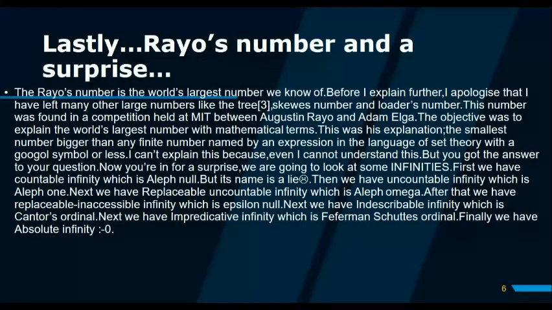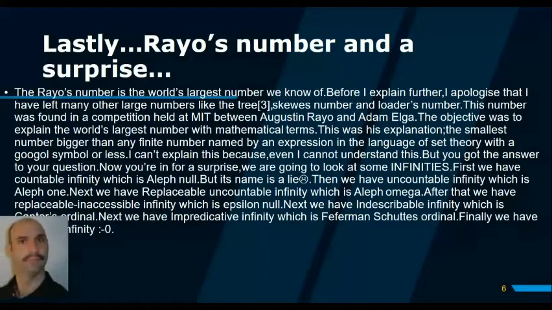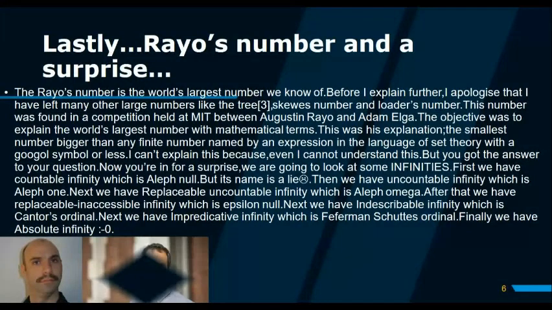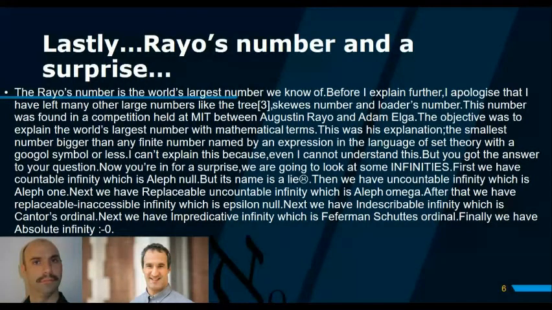So let's get started. So we have countable infinity, it's aleph null. That aleph null is that ℵ0 right there. Of course, countable infinity does not end, infinity goes on forever.